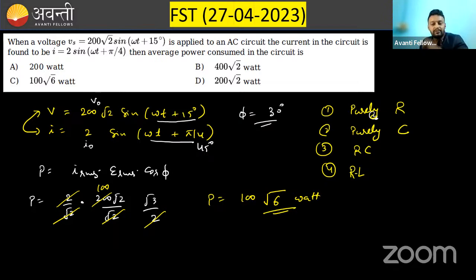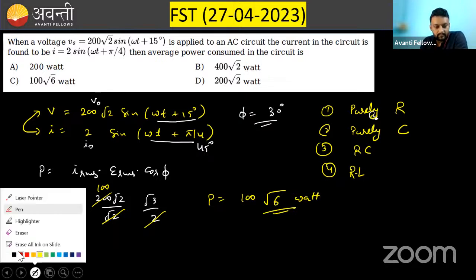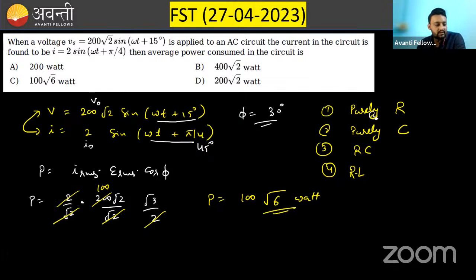Which circuit it may be out of these four options? Can anyone answer? Looking at these two equations, V and I, which circuit it may be? If you have any idea, you can comment the answer. If you have no idea, you can say, no, sir, we have no idea about it. Waiting for your response.